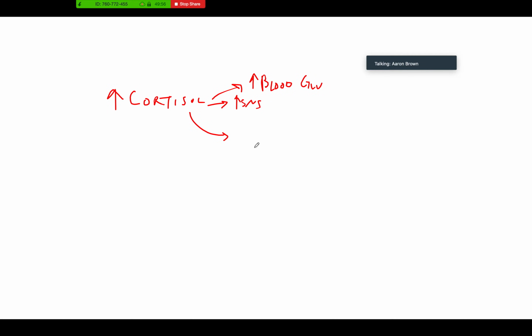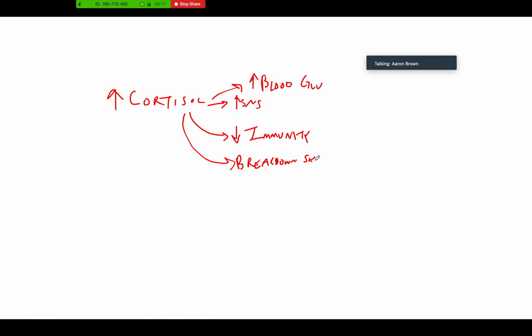It's also going to decrease the activation of our immune cells, so it decreases our immunity. And last, it's going to cause breakdown of skin. Those are all of the things that we look for in our Cushing syndrome patients.